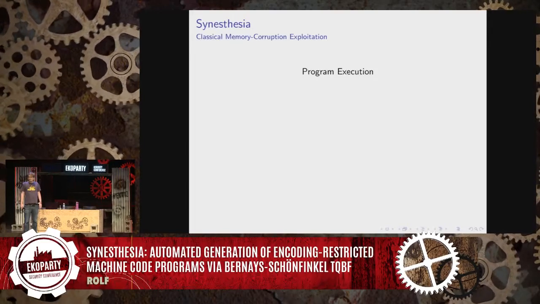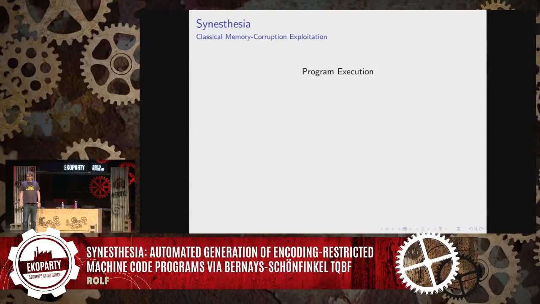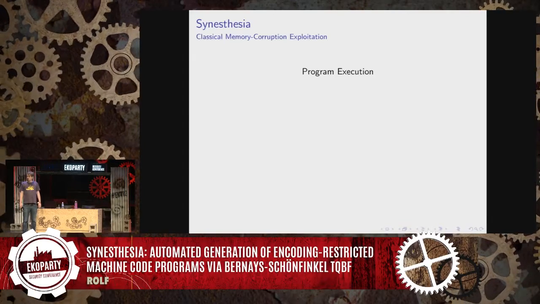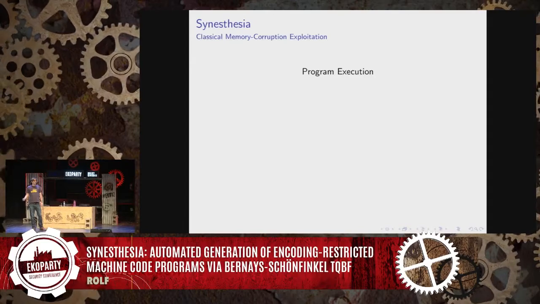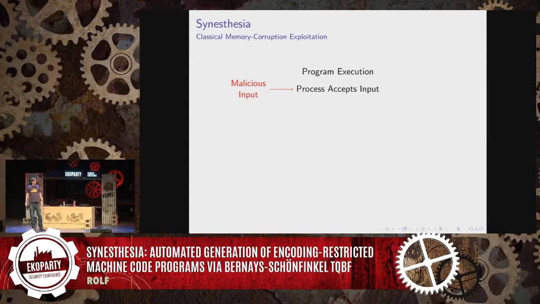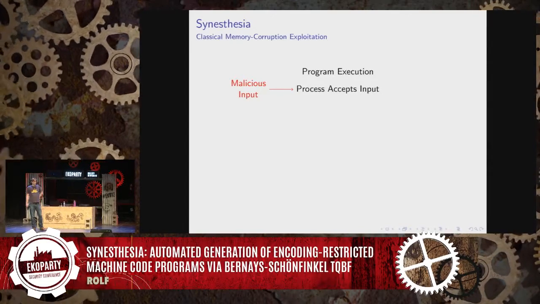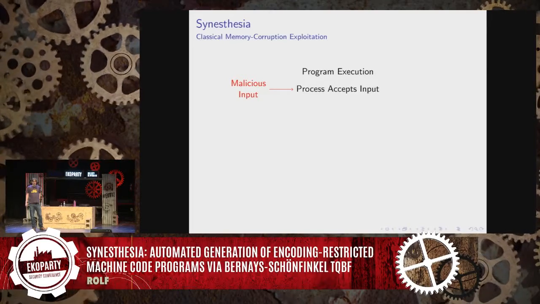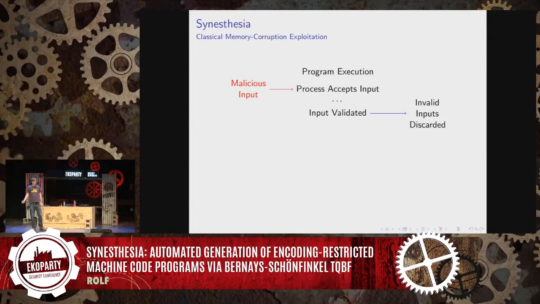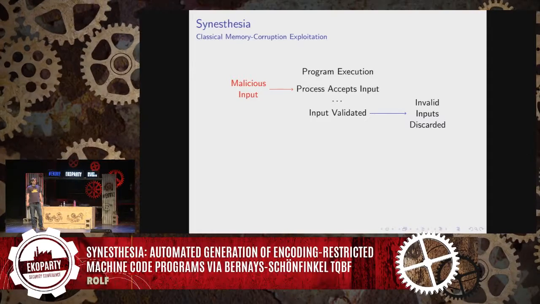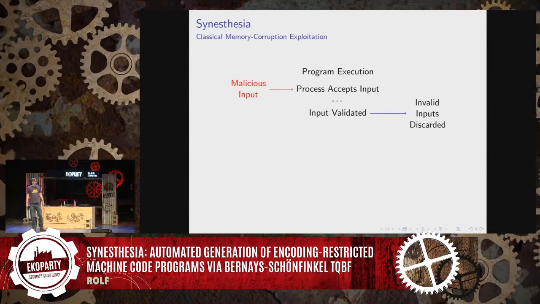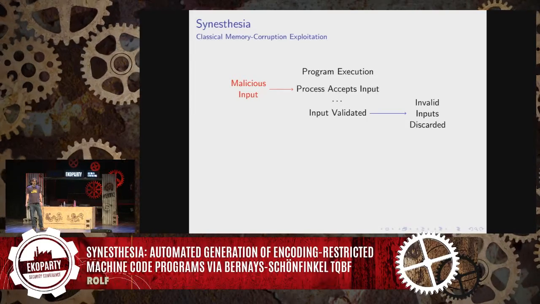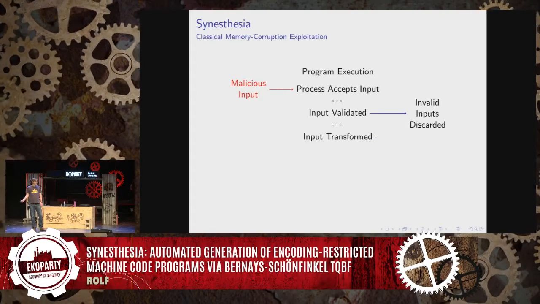So to get us all on the same page, to briefly recap how memory corruption exploitation works, you have some program that's executing, and then the program accepts input from the user. This is the point where we insert our malicious input. And then throughout the course of program execution, it's going to validate that the input matches some input specification and throw the inputs away if it doesn't.